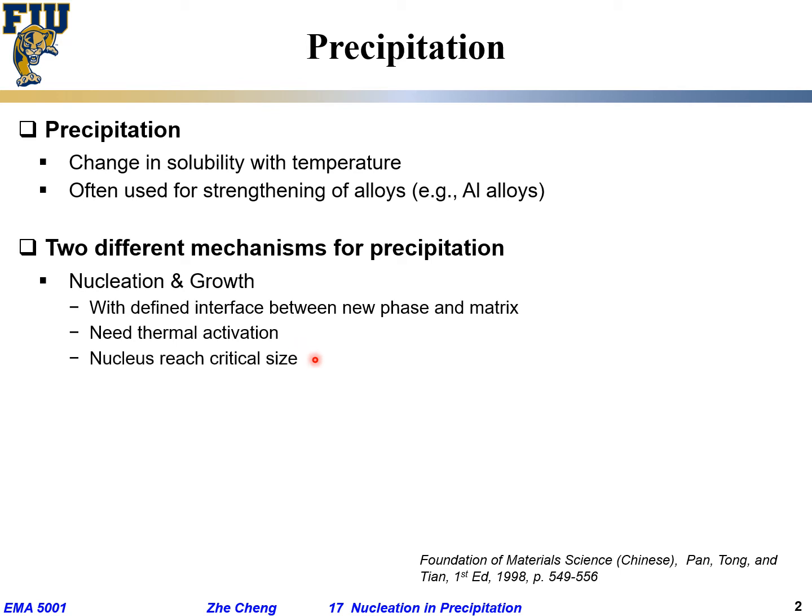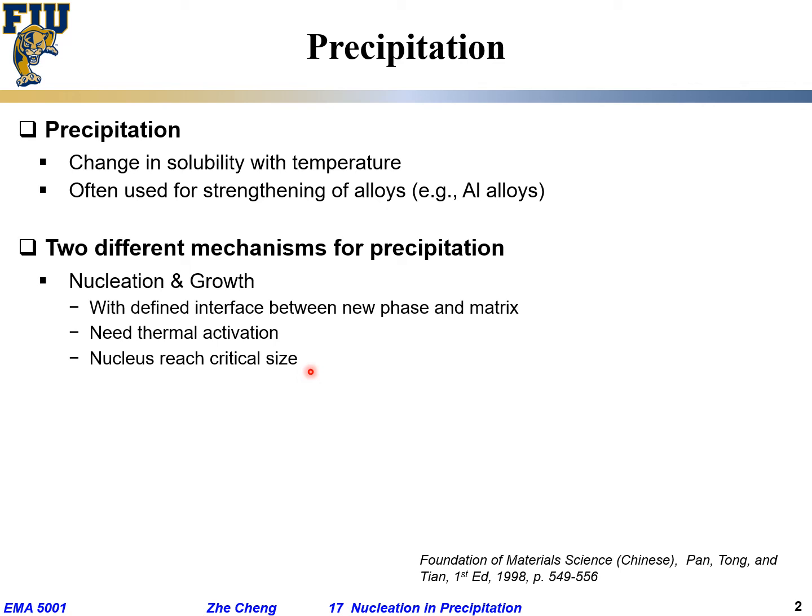And in order for this nucleation and growth process to happen, the local nucleus size has to reach a certain critical size, which we will talk about in a moment. If the local cluster size is smaller than this critical nucleus size, even if the local region is arranged as the new phase, it may, like in a solidification process, arrange back to the host or the matrix phase.